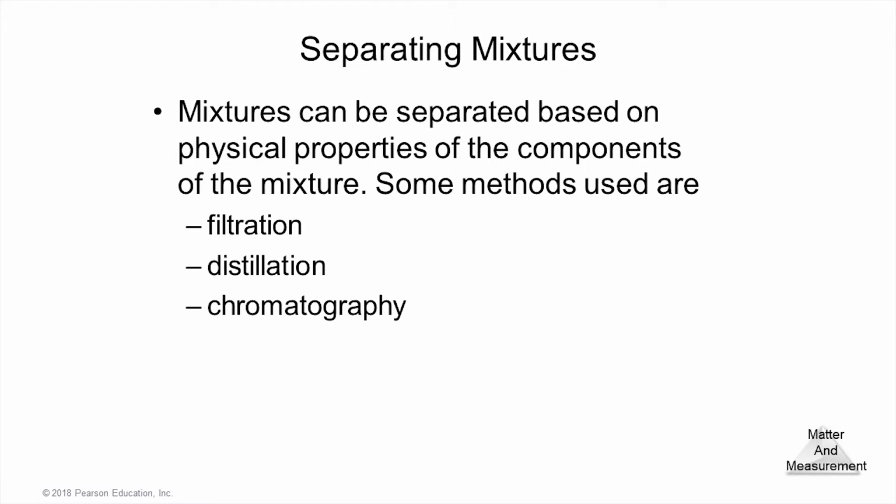So in this section, we are talking about separating mixtures. There are many methods we can use to separate mixtures. But in chapter 1, I'm discussing 3 basic techniques used to separate mixtures: filtration, distillation and chromatography. Separation is based on physical properties, not on chemical properties.